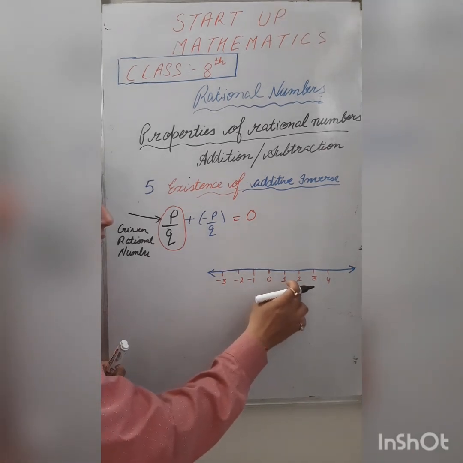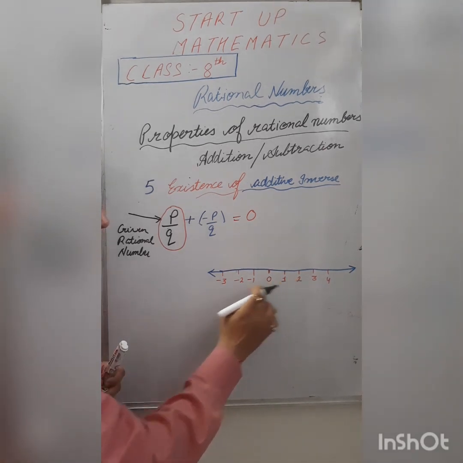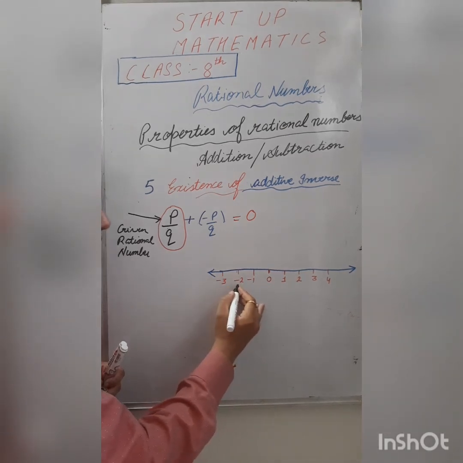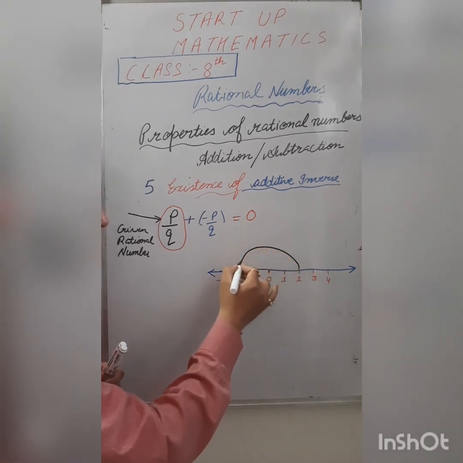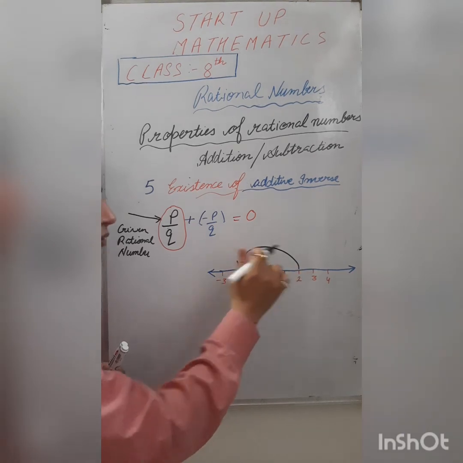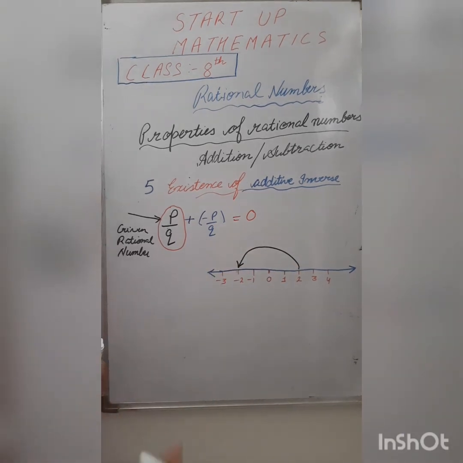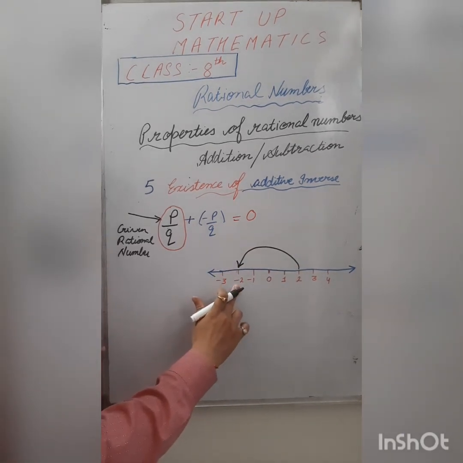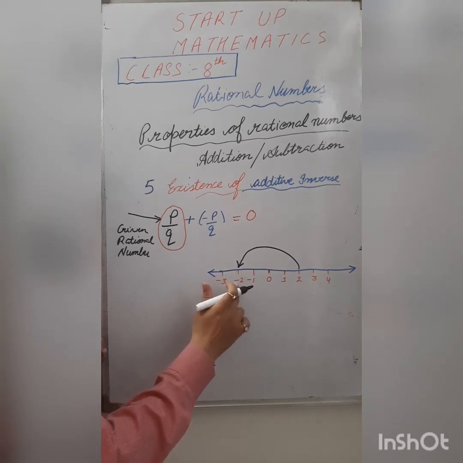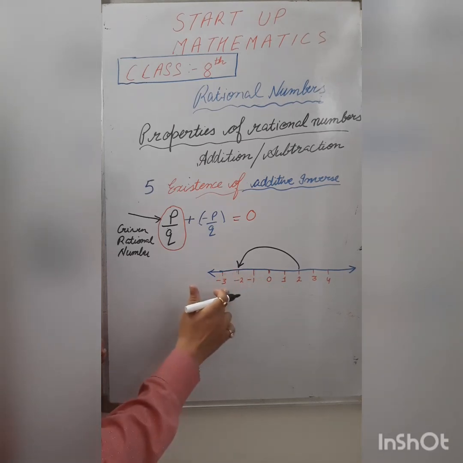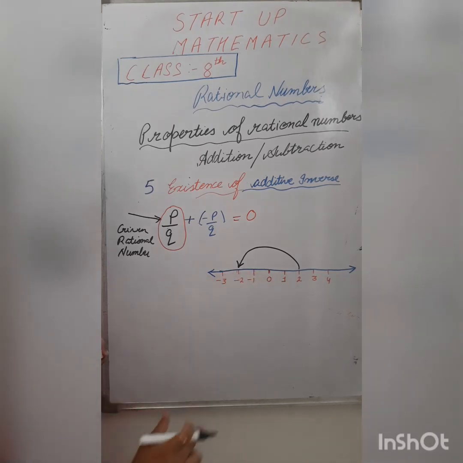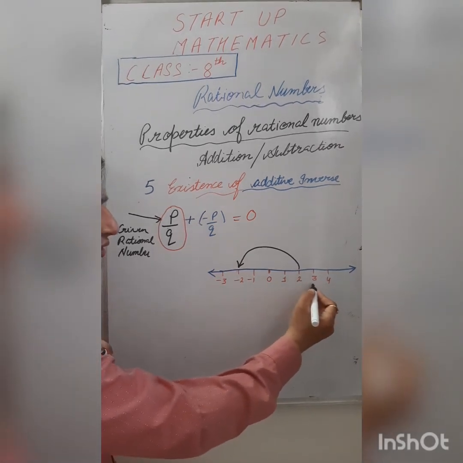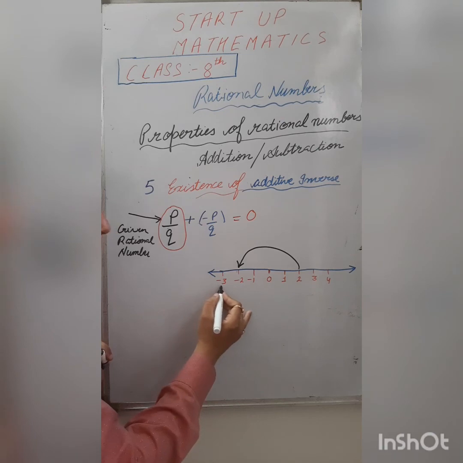If I see its negative number, that is minus 2. So the additive inverse of 2, that is the negative of the number, is minus 2, and that minus 2 is to the left of the 0.